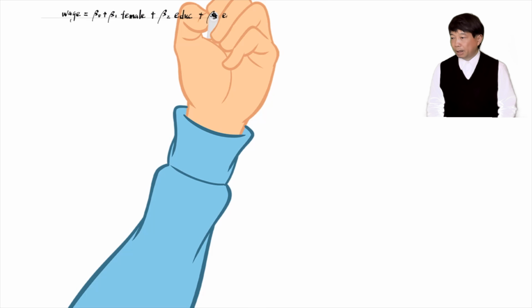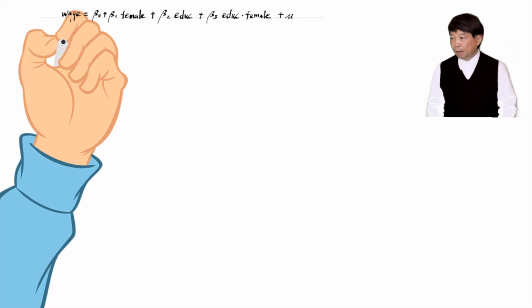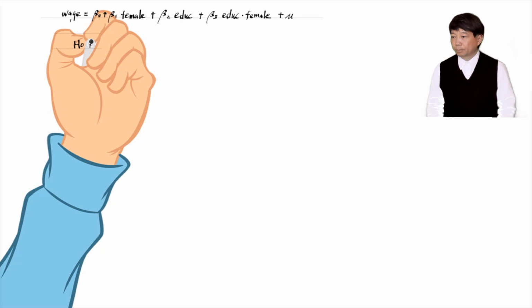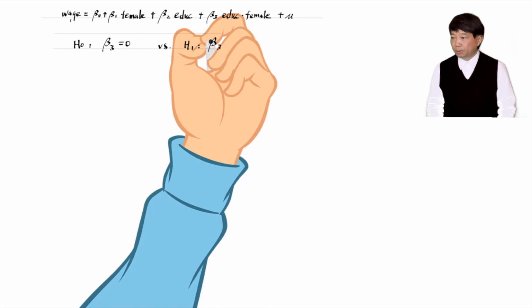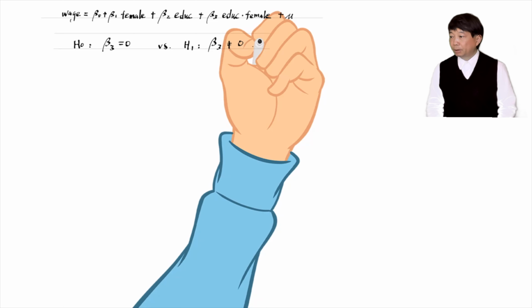Let us estimate the model using the OLS method with a sample of 526 US workers. We want to find out whether the return to education is identical for male and female workers. The null hypothesis is that the parameter beta 3 equals 0.